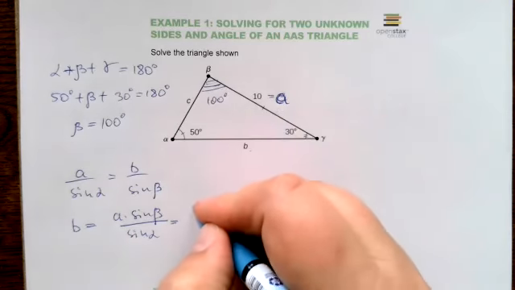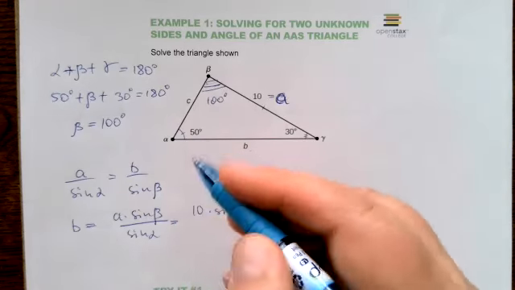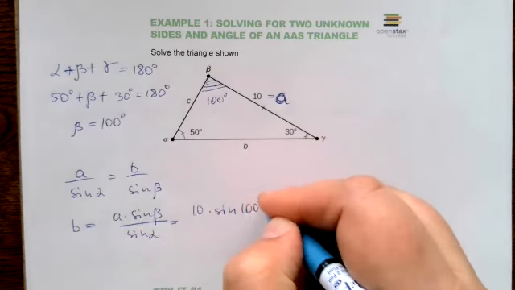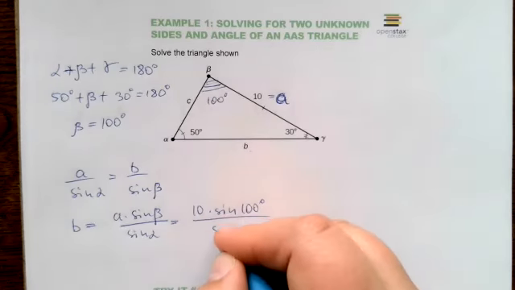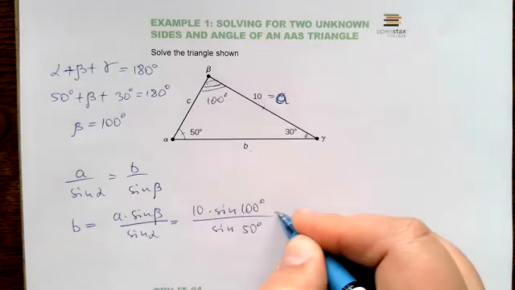So what do we have? We have 10 times sine beta, which is 100 degrees, over sine alpha, and alpha is 50 degrees.